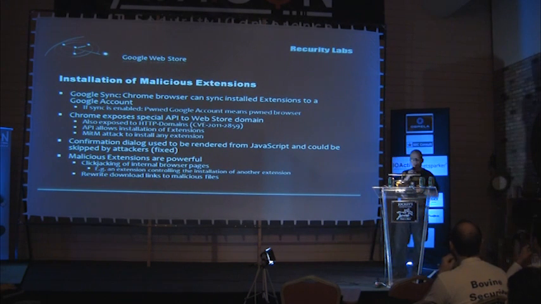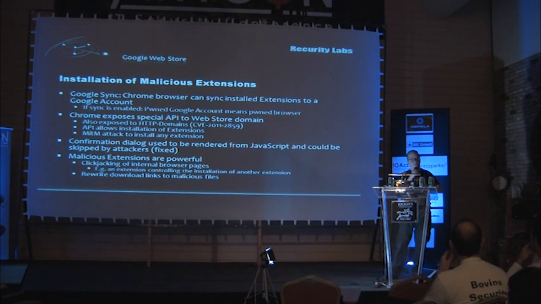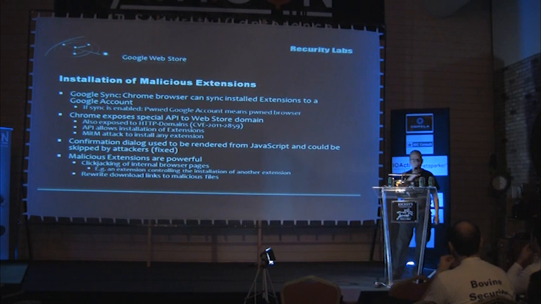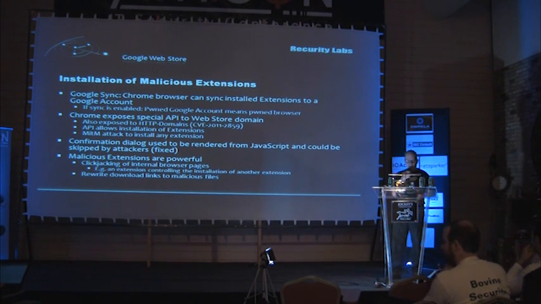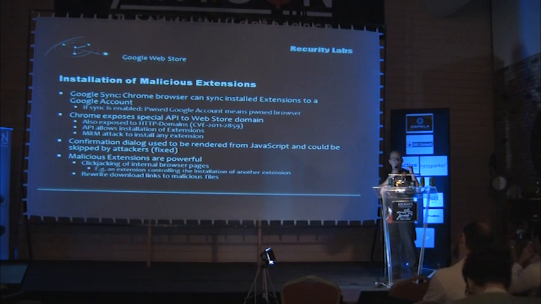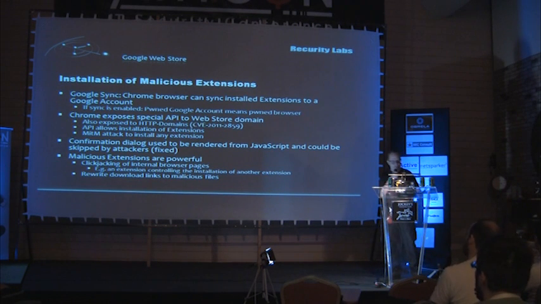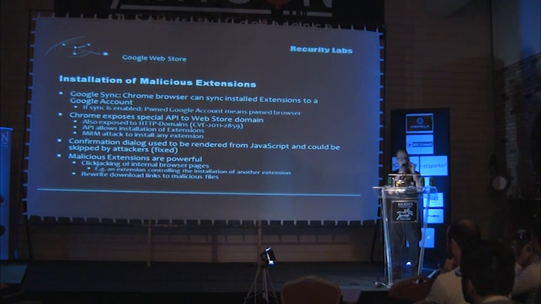We found that they had HTTP domains within their whitelist, so you could inject HTTP, very similar to Apple, and have them download and install extensions. The confirmation dialog that says, yes, I want to install that, was implemented via JavaScript. So the extension could click itself on the dialog and say, yes, install me.